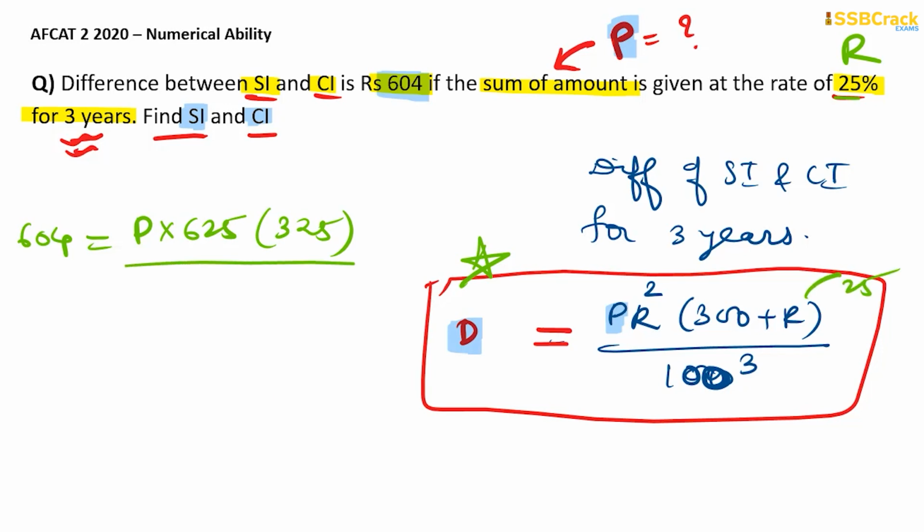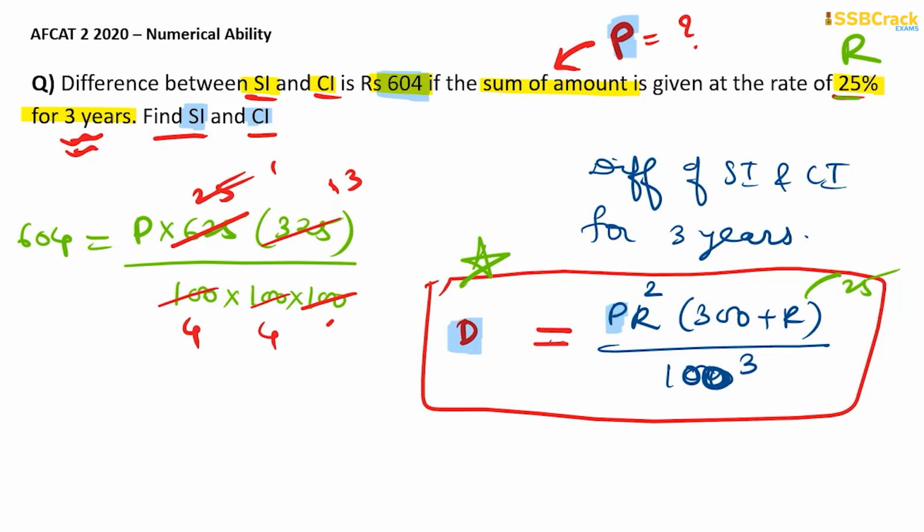Okay, this is divided by 100 cube. 100 into 100 into 100, let us write, so that we can reduce the numbers. So this 625, 25 square. So 25 fours are 100. Once again 25 1, 25 4. So we can divide this by 25. 25 1. So 325 divided by 25 is going to result in 13.